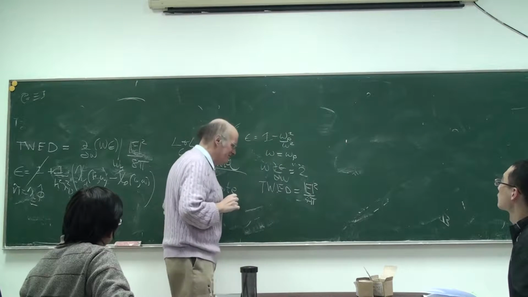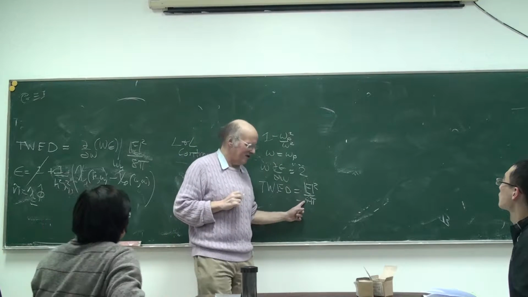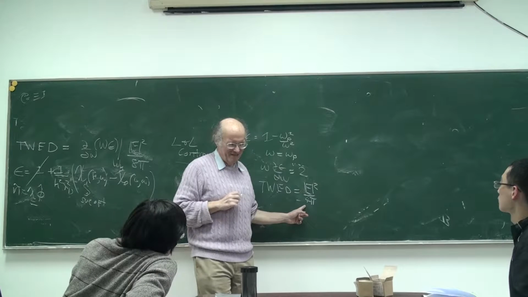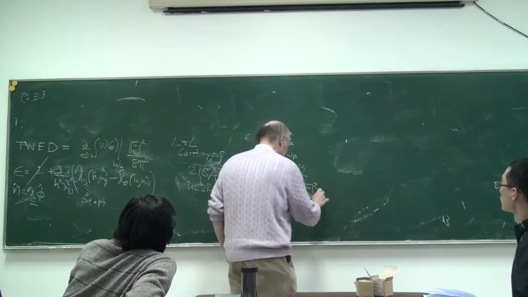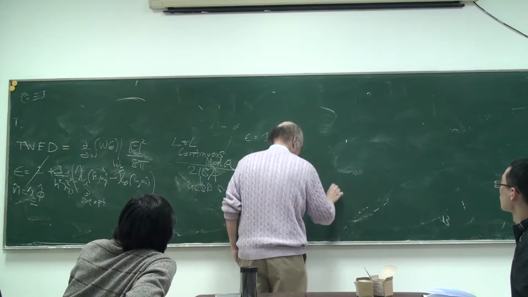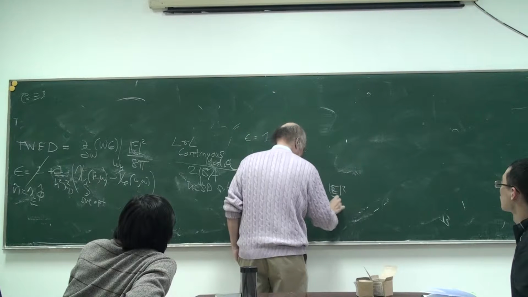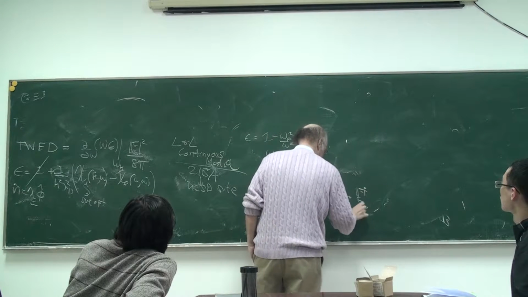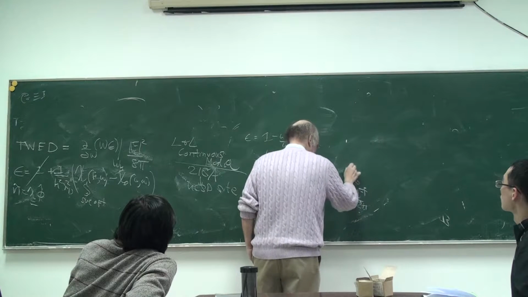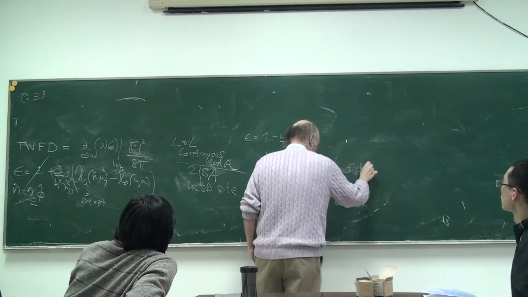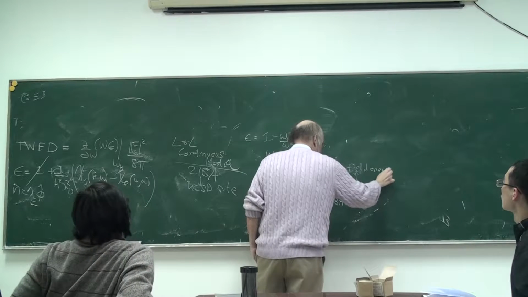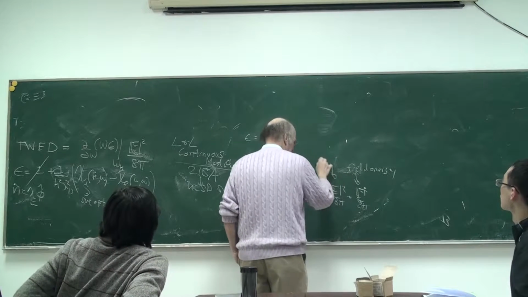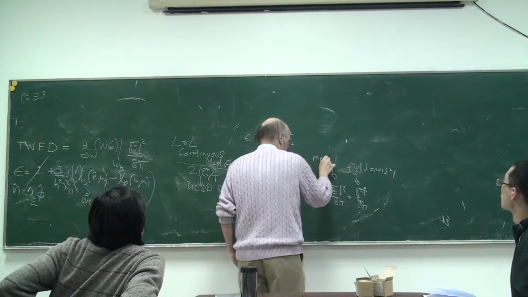You know why it ends up as 4π instead of 8π? Because this is equal to, of course, E squared over 8π plus E squared over 8π. This is your beloved field energy, and this is the mechanical energy.